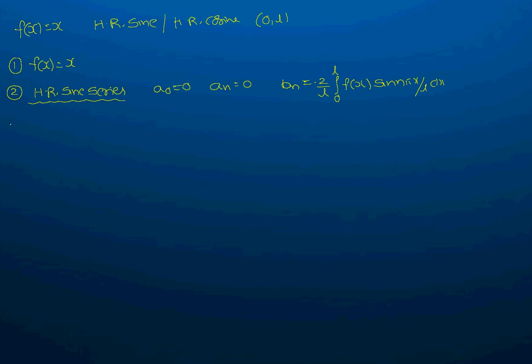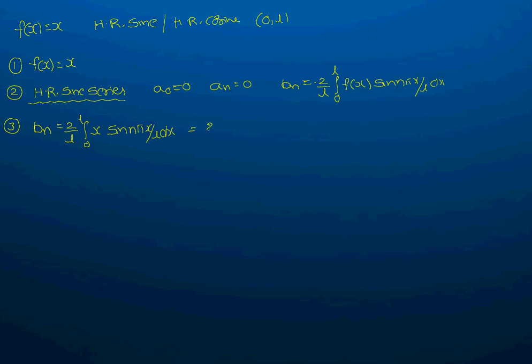So third step, therefore bn is equal to 2 by L into integral 0 to L f of x, f of x means x, x sin n pi x by L dx.